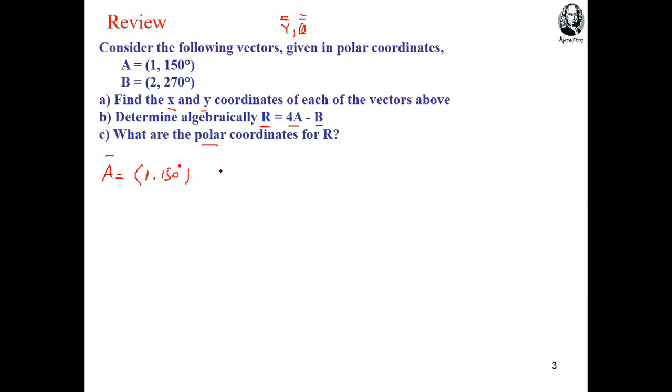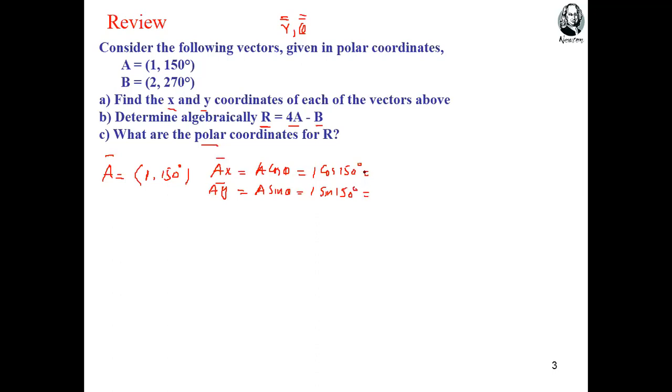We know that we have an x component and y component for every vector. So we need to find A_x and A_y. A_x is equal to what? A_x is equal to A cos theta, where A is the magnitude 1, and cosine of 150 degrees. Same, A_y is equal to A sine theta, and A is 1, so sine of 150 degrees.